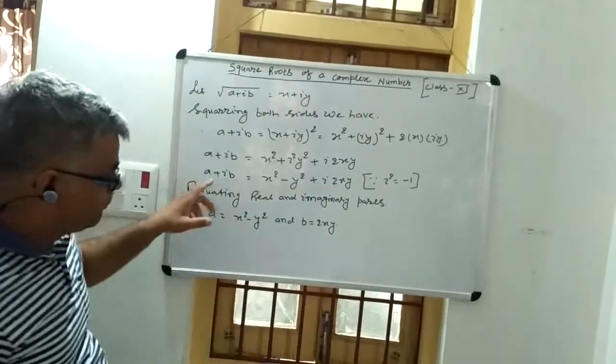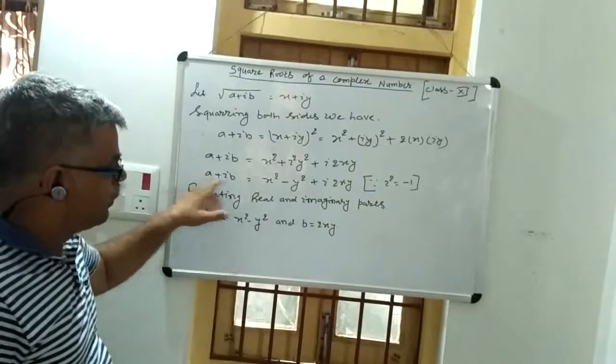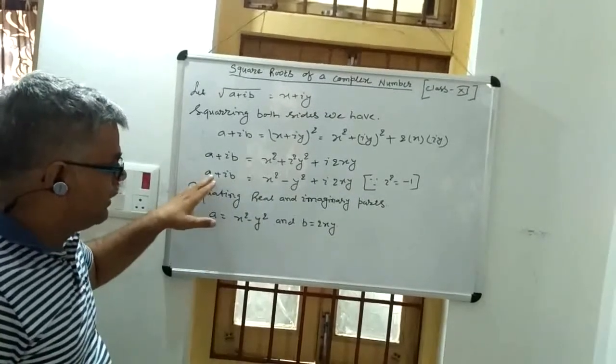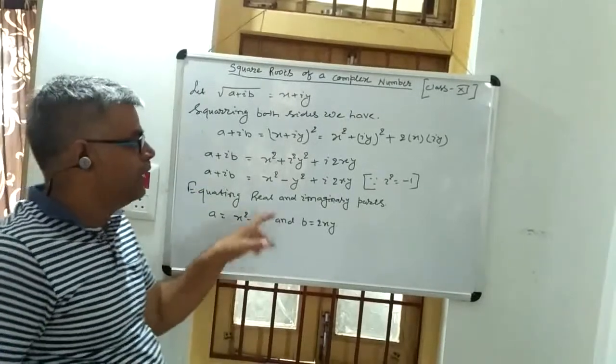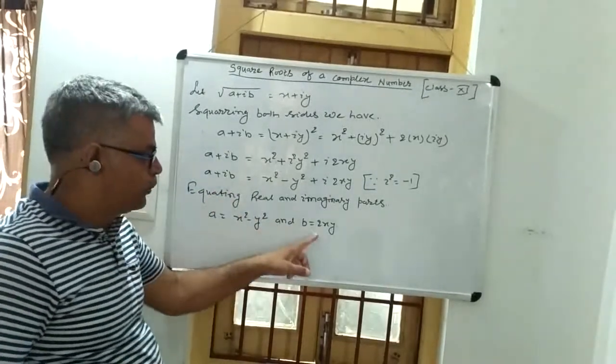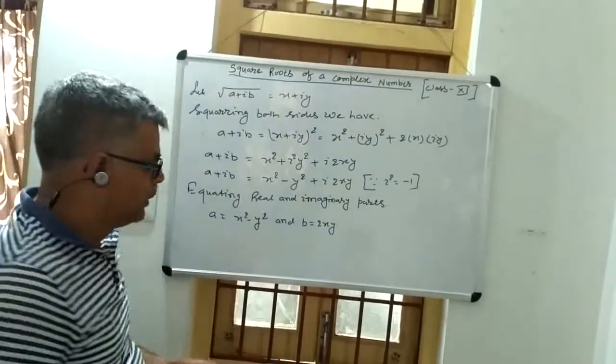So children, here the real part on both sides is a equals x square minus y square, and b equals 2xy is the imaginary part.